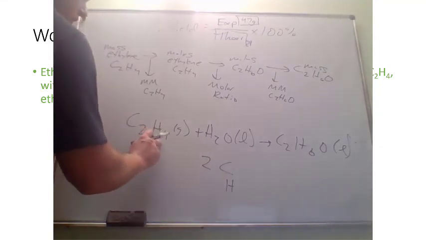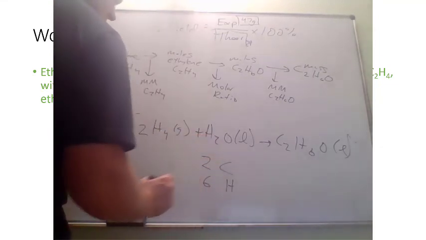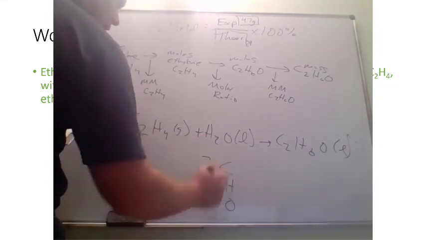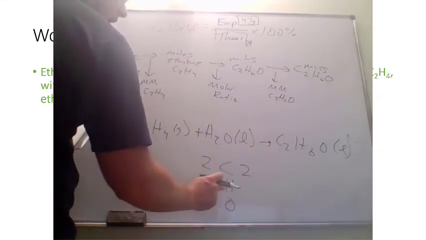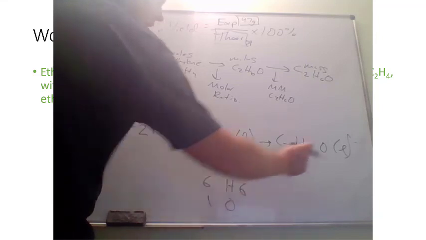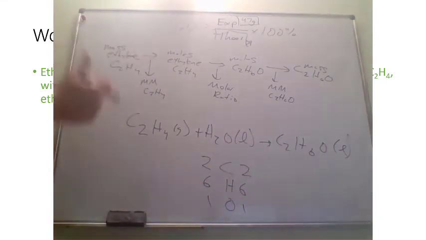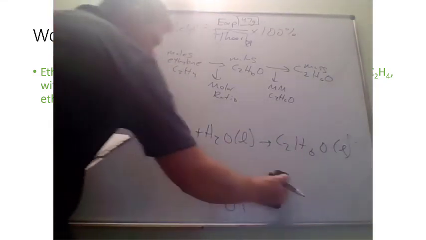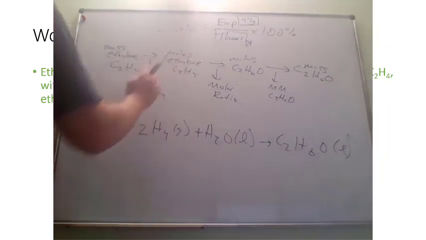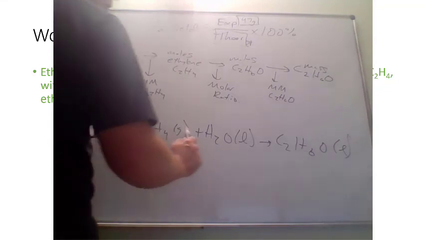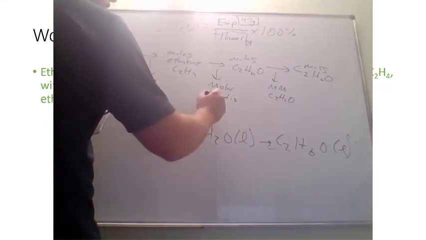Hydrogen, we have 4 plus 2 is 6. Oxygen, we have 1. Looking over here, carbon, we have 2. Hydrogen, we have 6. Oxygen, we have 1. So we are totally balanced here in our equation. So now determining our molar ratio between moles of ethylene and moles of ethyl alcohol, we're in a 1-to-1 ratio.